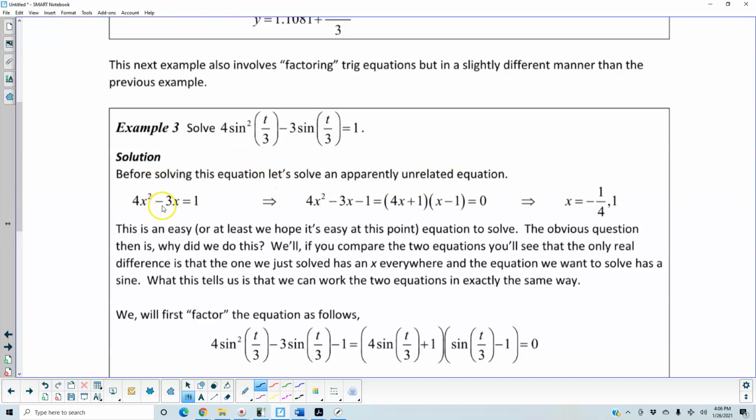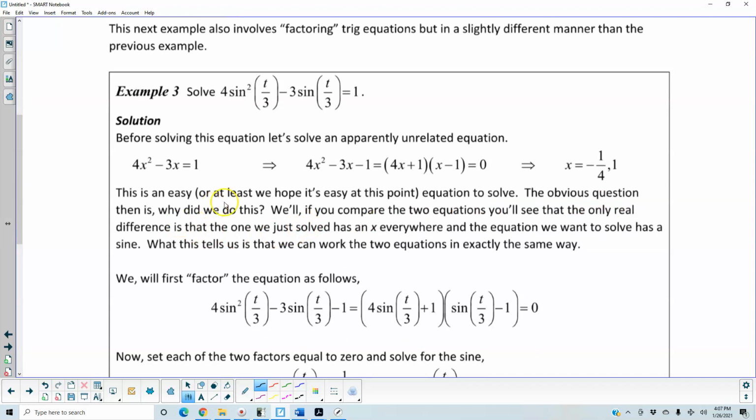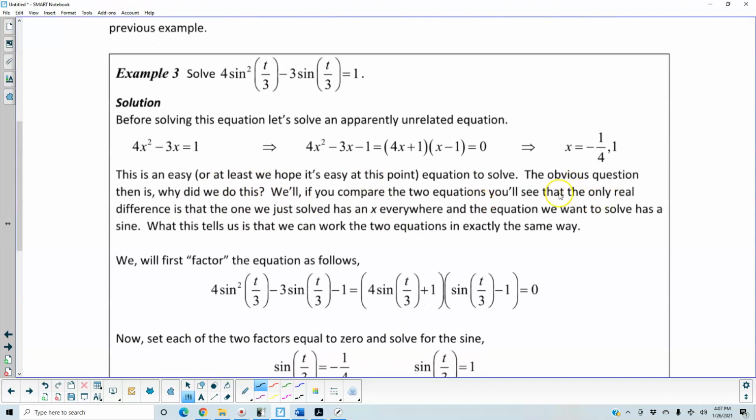If we had 4x squared minus 3x equals 1, we would subtract a 1 to the left side and then factor. So we get 4x plus 1 times x minus 1, which is equal to 0, and then we would get x, which is equal to negative 1/4 and 1. This is an easy, or at least we hope it's easy at this point, equation to solve. The obvious question then is, why did we do this?